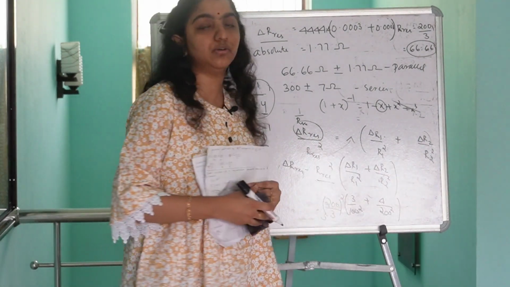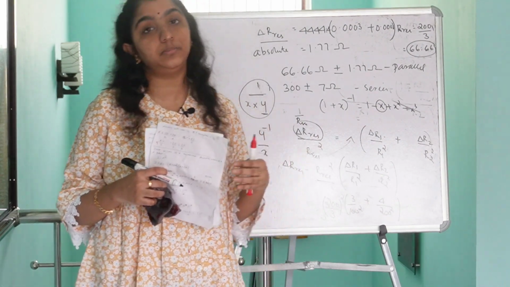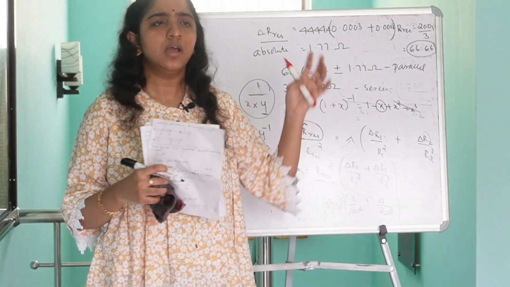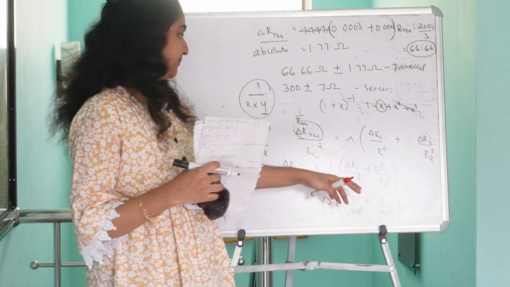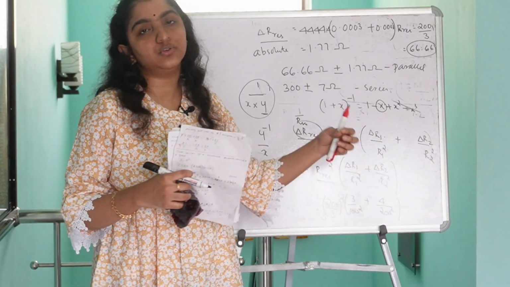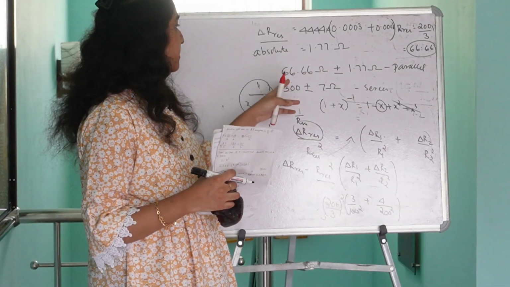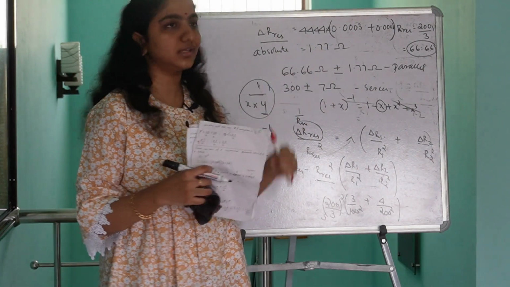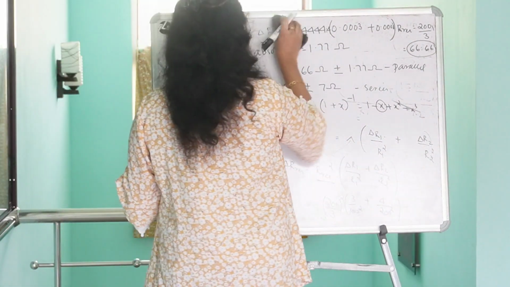I found R resultant using R1 R2 divided by R1 plus R2, substituting the values given in the question for R1, R2, del R1 and del R2. Once I solved the equation, I got the resultant resistance when they are connected in parallel. Is it clear?